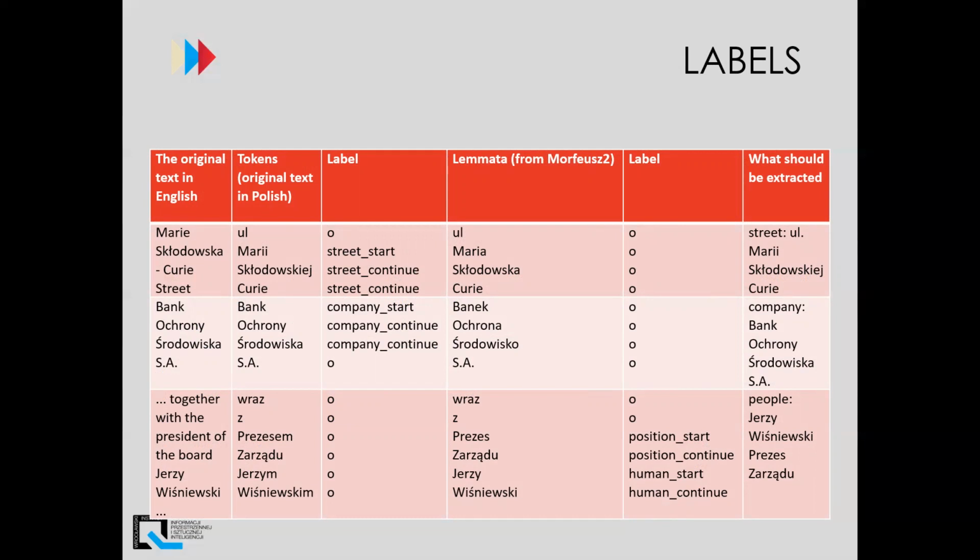So, for example, if we want to extract street written in Polish, Marii Skłodowskiej-Curie, the basic form would not be appropriate, while analyzing part of a sentence wraz z prezesem zarządu Jerzym Wiśniewskim, we can see that the basic form is actually what we are looking for.